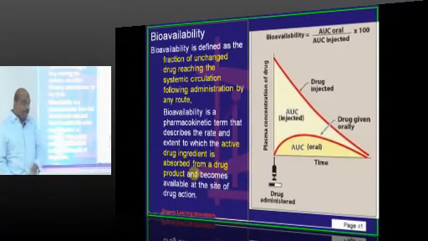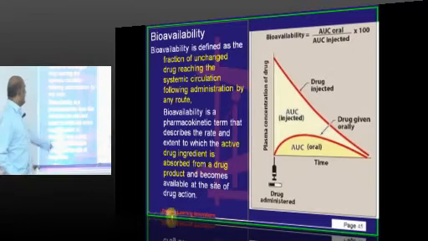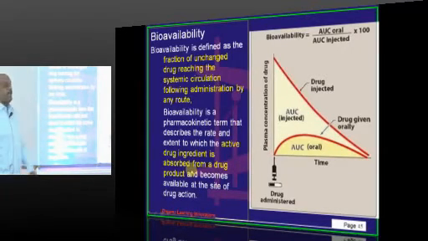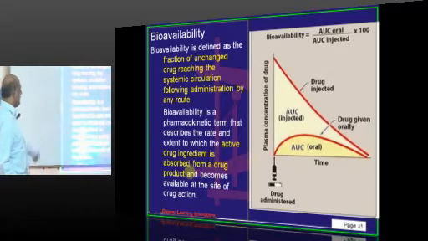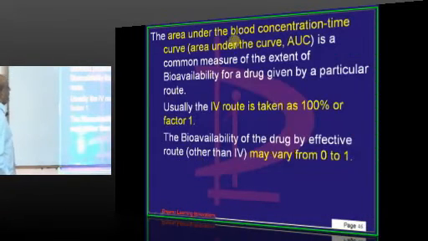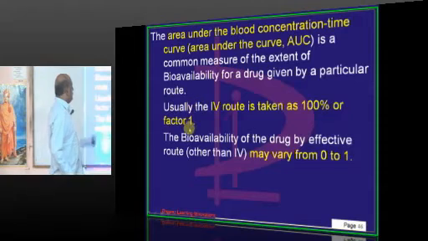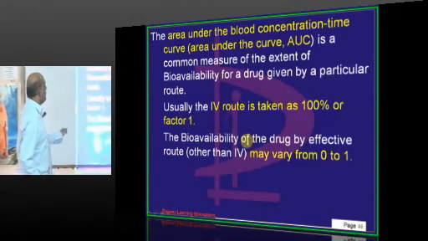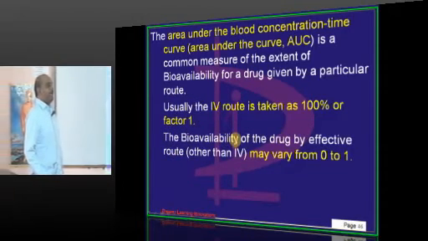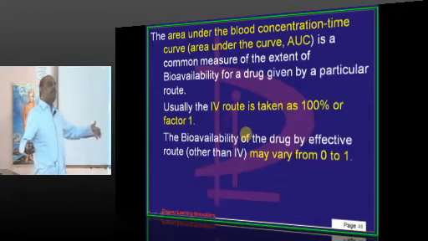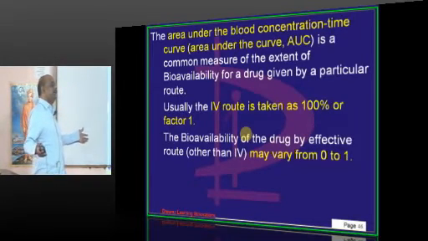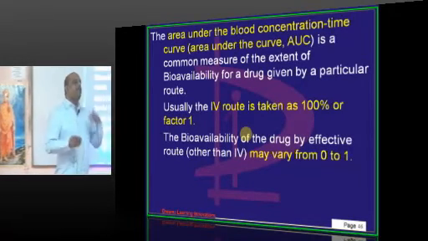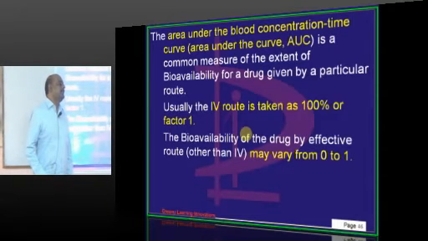But it has to pass through various steps. So, bioavailability is that ultimate amount of the drug that is reaching the systemic circulation. Now, if you give intravenously, 100% is the bioavailability.